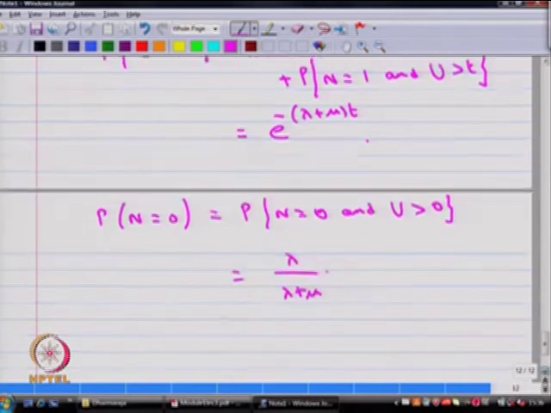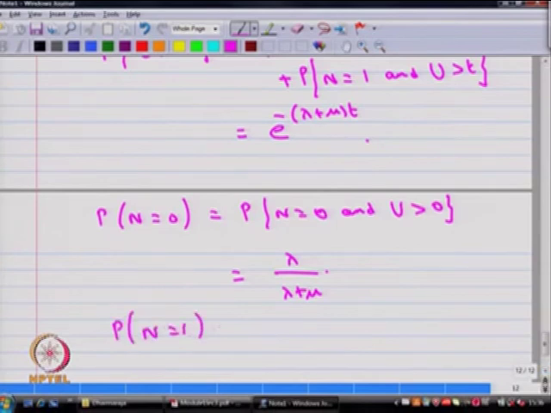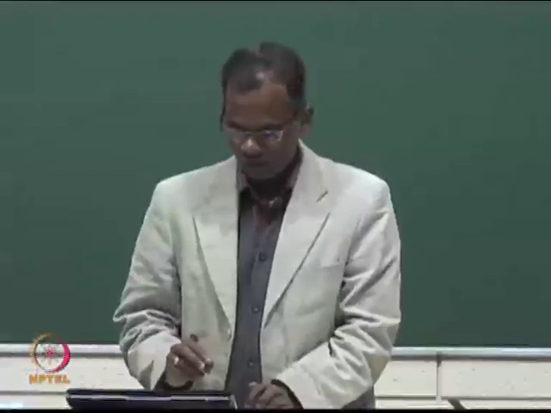Similarly, you can find out the probability of N equal to 1 from probability of N equal to 1 and U greater than 0, or you can find out probability of N equal to 1 by taking 1 minus probability of N equal to 0. So, two ways you can find the probability of N equal to 1.